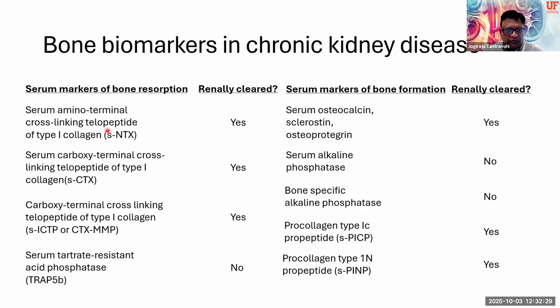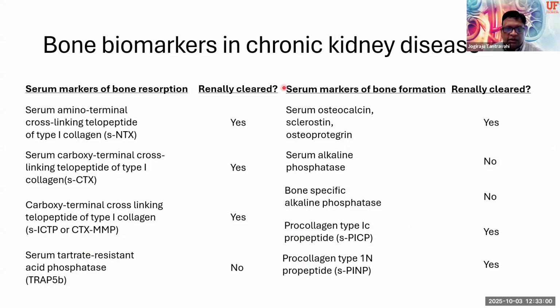Serum amino-terminal cross-linking telopeptide of collagen 1, carboxy-terminal cross-linking peptide, carboxy-terminal cross-linking telopeptide, on and on and on, and serum tartrate-resistant acid phosphatase. So these are some markers of bone resorption. We also have some markers of bone formation, such as osteocalcin, sclerostin, osteoprotegerin, alkaline phosphatase, bone-specific alkaline phosphatase, which will turn out to be very important, and certain types of collagen.